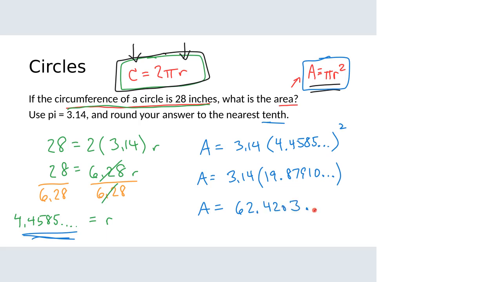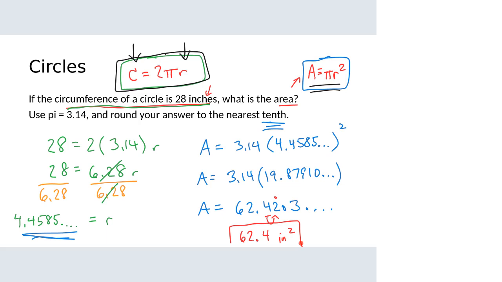And now I'm done calculating. I've done all the calculation I need to do. Finally, I get to round this to the nearest tenth. So I'll find the tenths place. I'll look one space to the right. That's 4 or lower. So we'll round this down to an area of 62.4. This was in inches, so this would be square inches. Your answer on a quiz or an exam, though, would just be the 62.4.